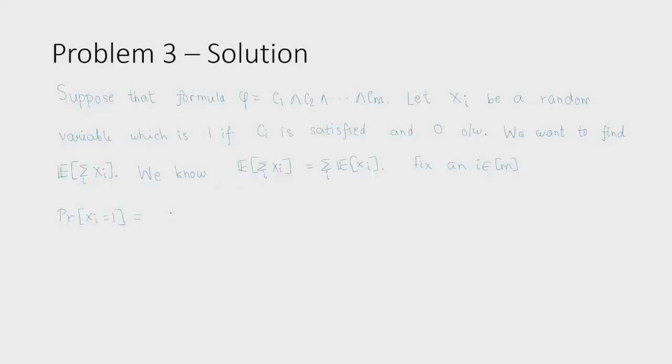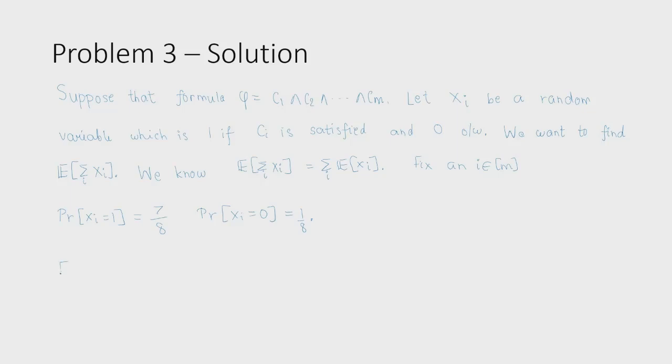No matter what clause you pick containing three distinct variables, there is exactly one assignment which cannot satisfy that clause. There are 8 assignments, out of which only one does not satisfy the clause. So the probability that xi equals 1 is 7 over 8, and since xi can only take the values 1 and 0, the probability that xi equals 0 is 1 over 8.